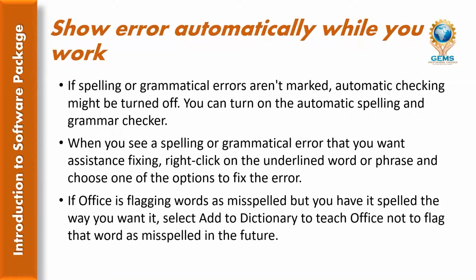If spelling and grammatical errors are not marked, automatic checking might be turned off, and you can turn on the automatic spelling and grammar checker. When you see a spelling or grammatical error that you want assistance fixing, right click on the underlined word and choose one of the options to fix the error.